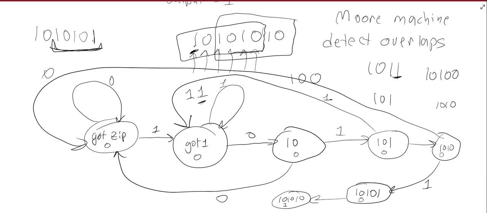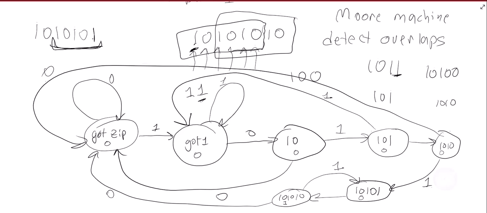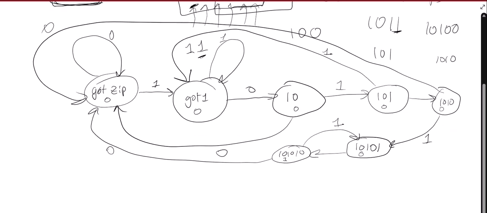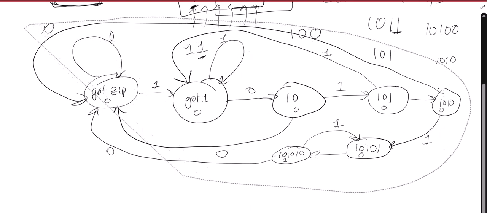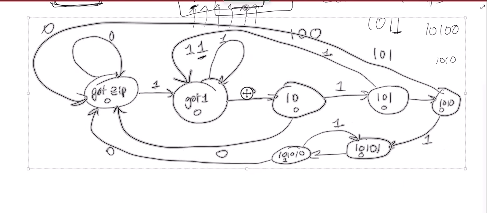I have the first 5 bits, so this would take me back to this one if I get a 1, but if I get a 0, I go back to the beginning, and I think that's everything. So now that I have this, I'm going to want to draw a state table. So I've got my state diagram. Now I want to do a state table.